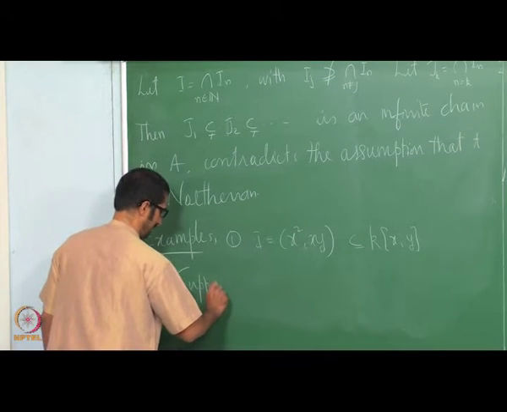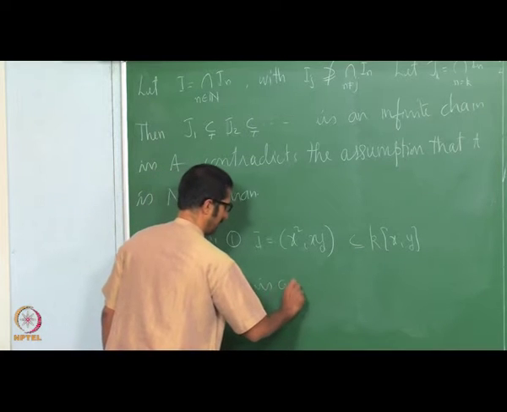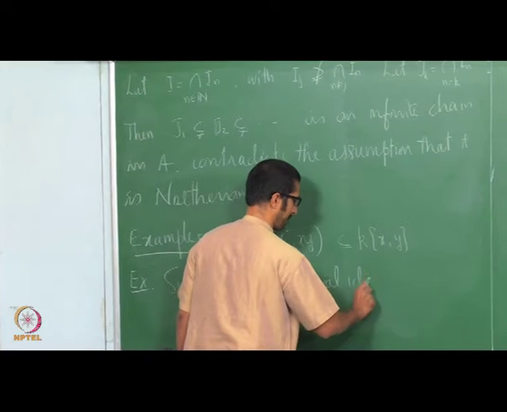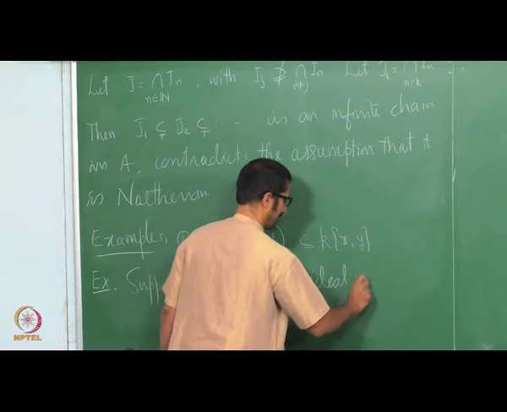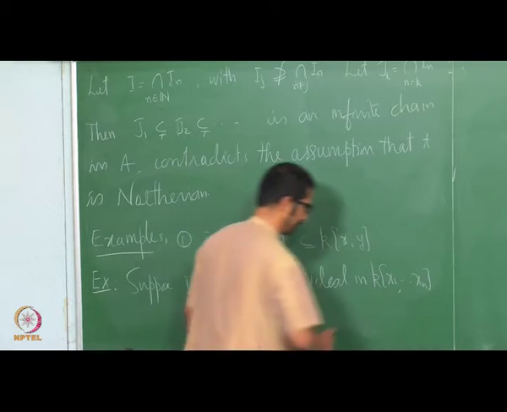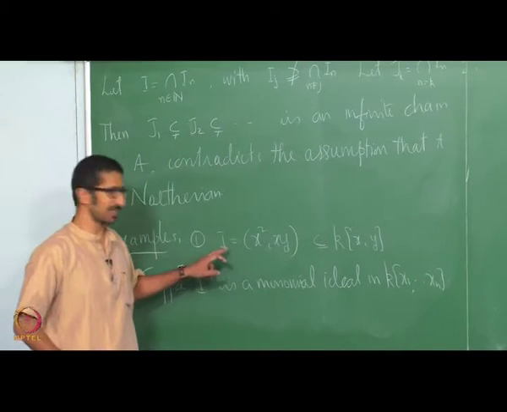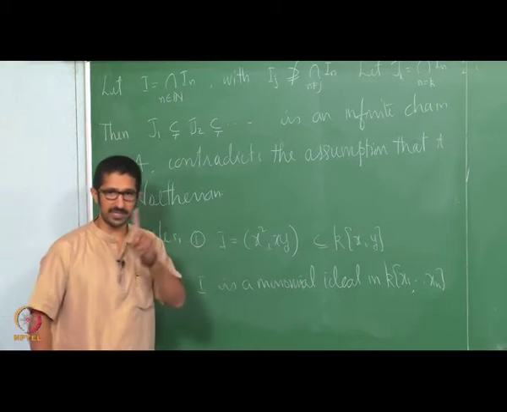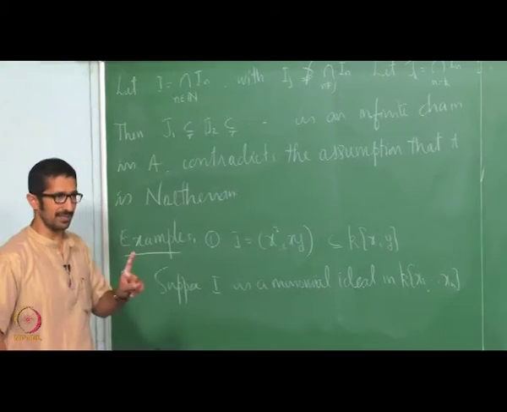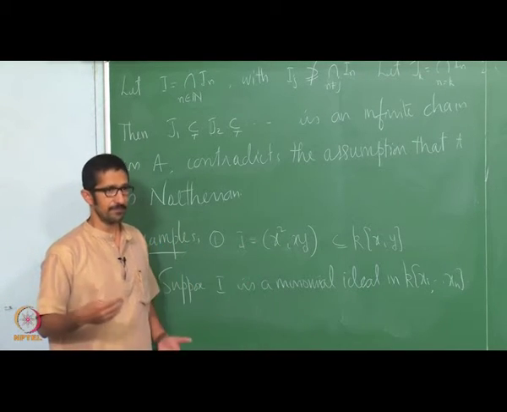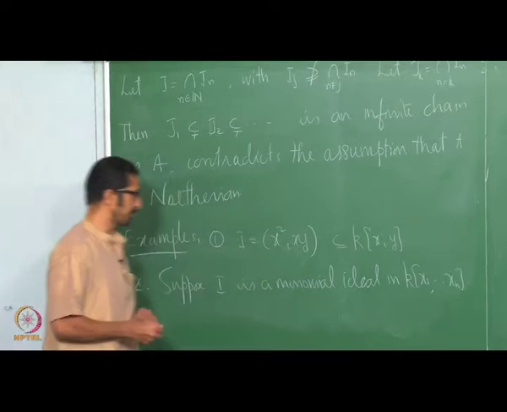Suppose I is a monomial ideal. What is meant by a monomial ideal? In a polynomial ring k[x1, ..., xn], a monomial ideal is an ideal generated by monomials, polynomials with only one term. A polynomial is a sum of monomials.